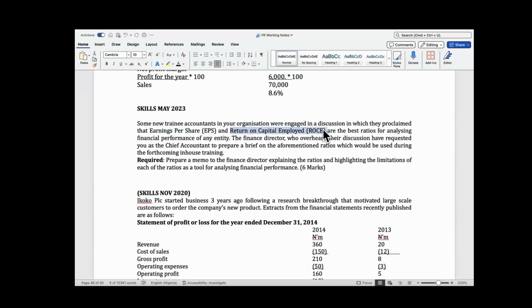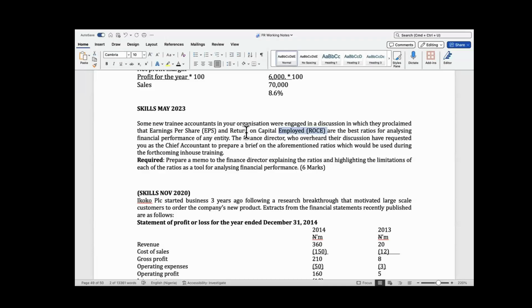Even ROCE is strongly impacted by how you measure your assets, because it's profit over capital employed. So your depreciation policy and all of that can seriously impact what you get as ROCE. And again, your accounting policy choice also. A company using cost model and another one using revaluation model, with the same profits, won't have the same ROCE. So it's a limitation in its calculation.